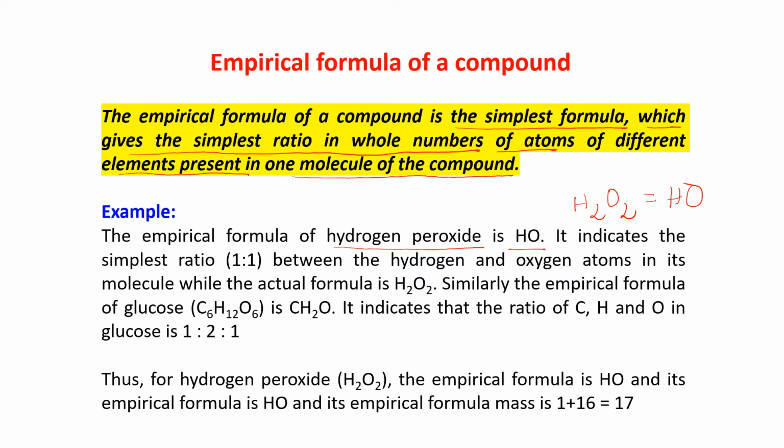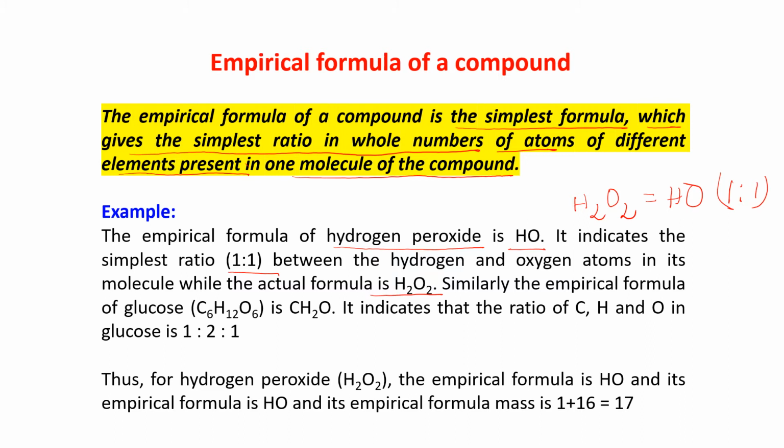Okay, the simplest ratio is 1:1 for this one. So it indicates the simplest ratio 1:1 between atoms of different element present, that is hydrogen and oxygen atom in its molecule, while the actual formula is H2O2. I have already told you.